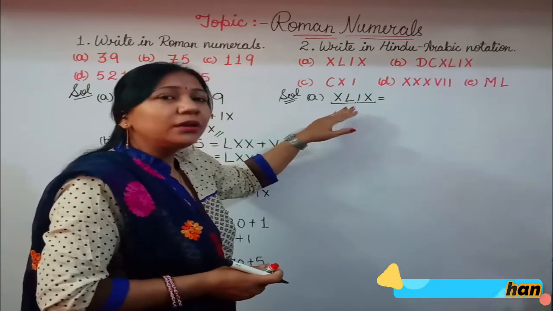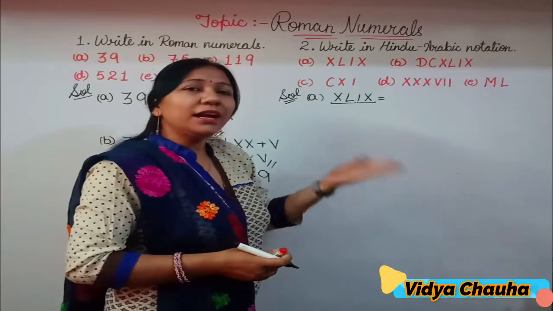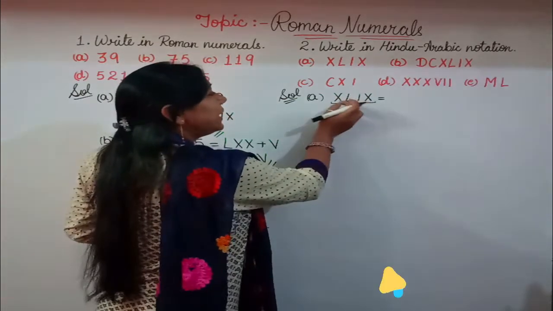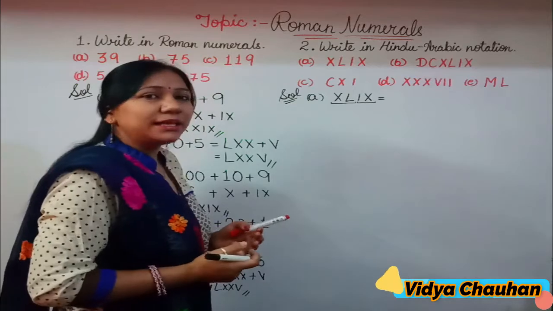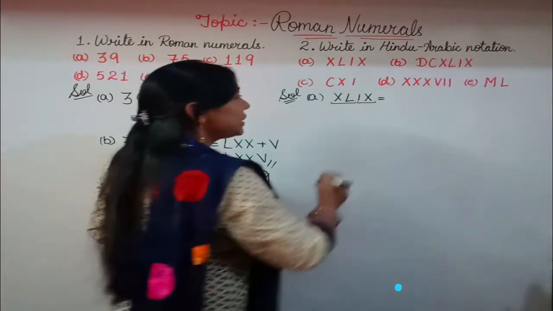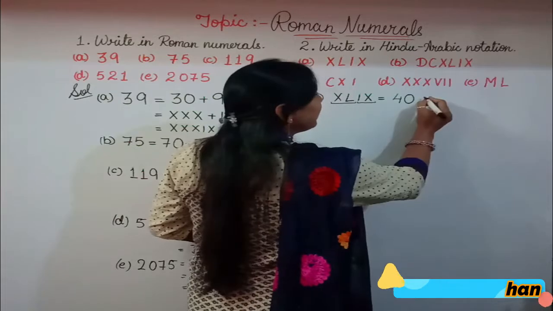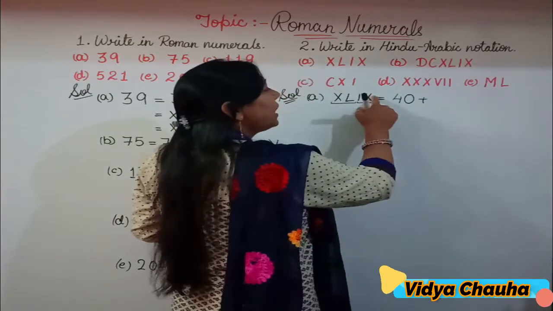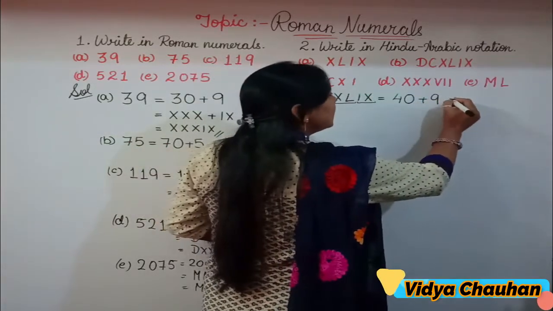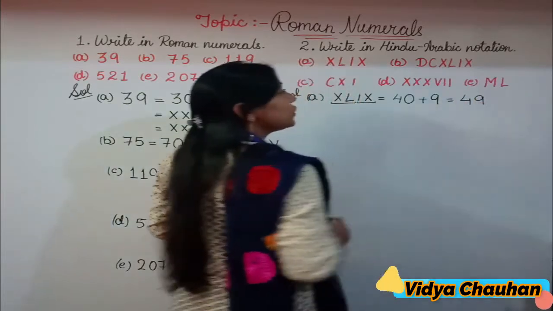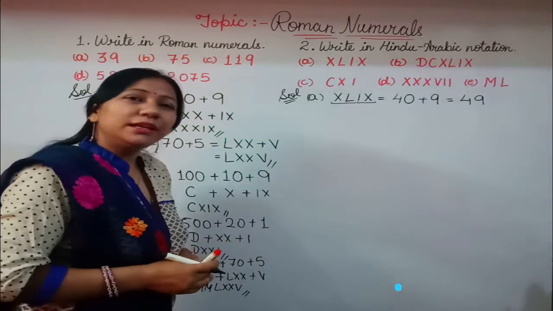We have already learned in which case we add and in which we subtract the value. So XL means 50 minus 10, that is 40. Then plus IX, which is 9. So what is your number? 49. So your number is 49.